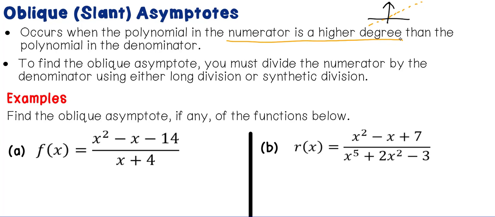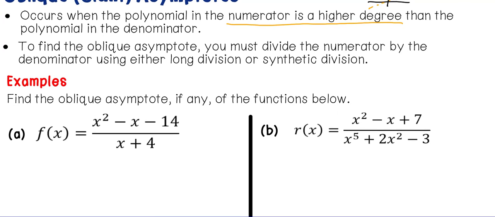Remember when we were looking at horizontal asymptotes, if the numerator was higher, there was no horizontal asymptote. Well, that's because we have an oblique asymptote. To find the oblique asymptote, you must divide the numerator by the denominator using either long division or synthetic division. I've got a couple of different examples on this.